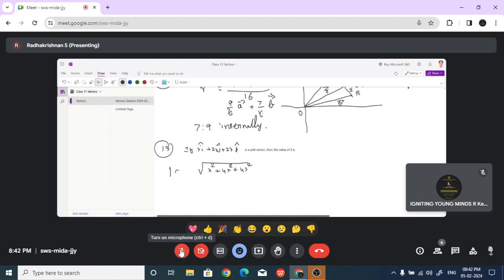Let's say this is equal to A. So magnitude of A is square root of 9 lambda square, or plus or minus 3 lambda. Okay.